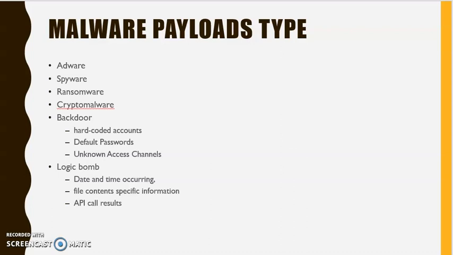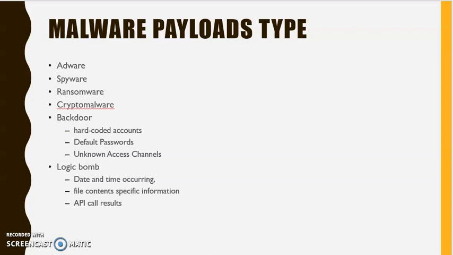If we are talking about the default password, this is ignorance. If we are talking about hard-coded accounts, this is majorly either ignorance, or a developer has made a path for themselves so in future they can take control of the system. And an unknown access channel is something you maybe have not seen in testing, or whoever did the code review did not do it properly.